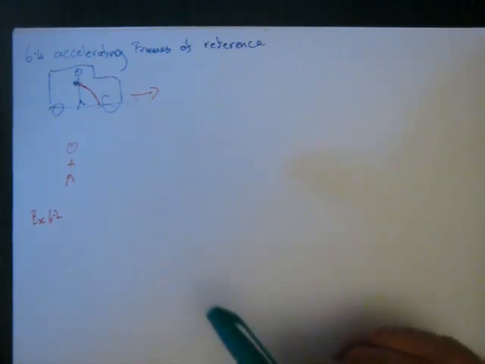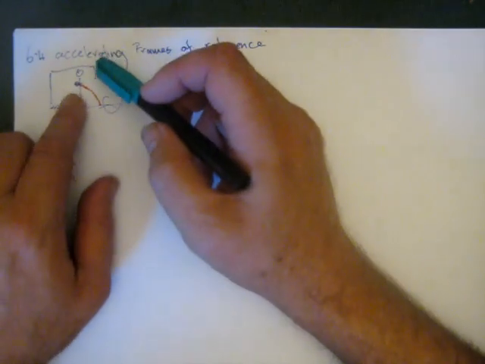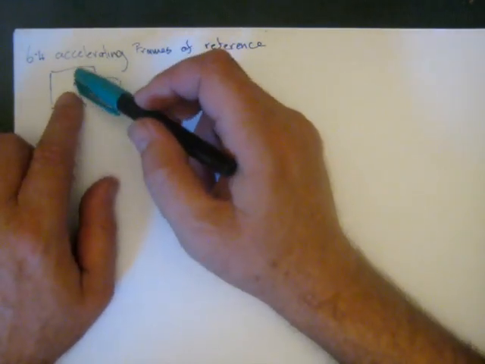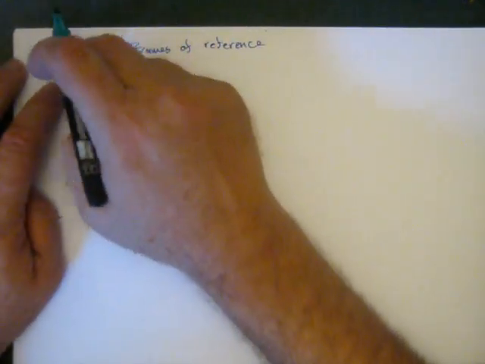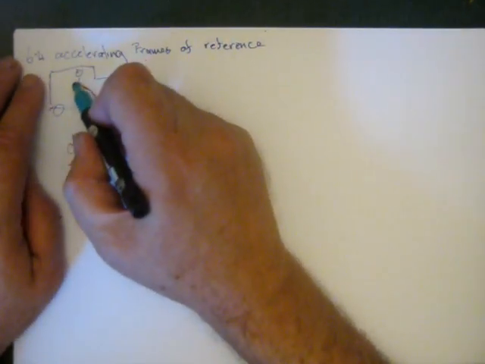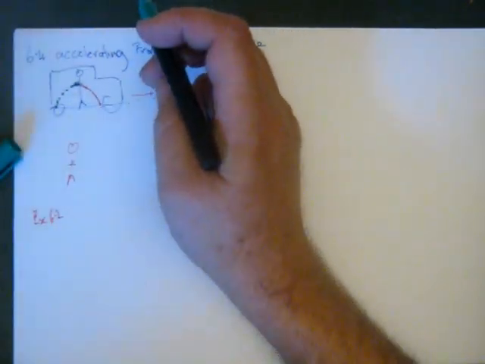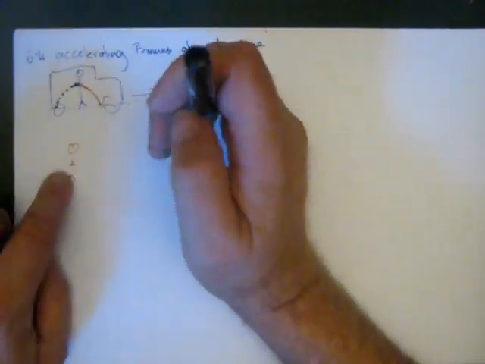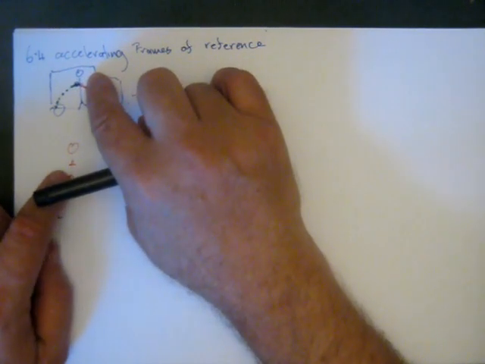But what about to the person in the van? Well, what's happening is, while the ball's got the same velocity, this person's actually picking up speed. And what the person inside the van sees is the ball do this. And you'll notice that this person and this person are seeing two totally different things happening.